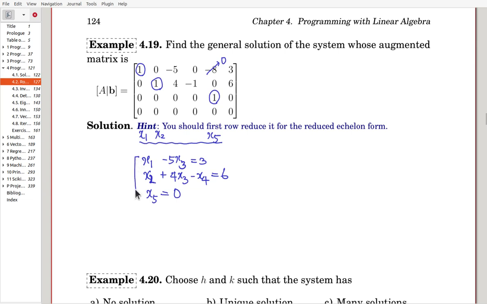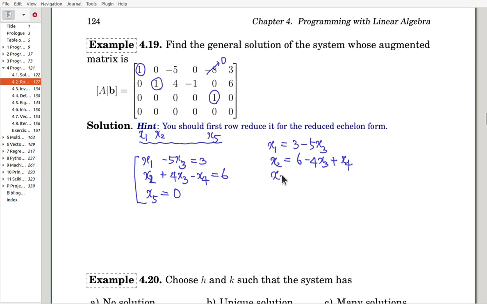From this, we keep basic variables on the left hand side and everything else to the right side. From the first one, x1 equals 3 minus 5x3. From the second one, x2 equals 6 minus 4x3 plus x4.